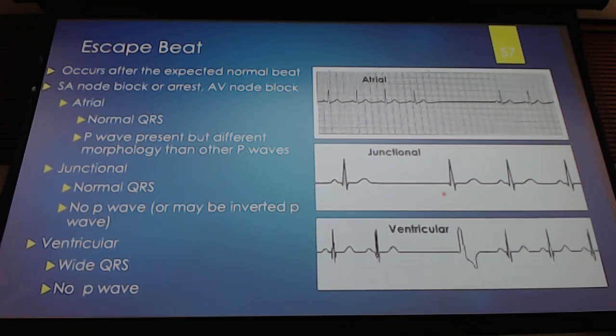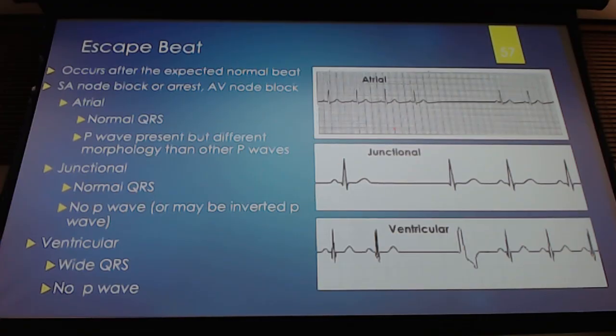The junctional area said, okay, I will take over pacemaker responsibility, and it did that for a beat, and then the SA node said, nope, it's my job, I'm going to start pacing us again. So one or two beats may happen. This one's just one. And then look, we're right back to our PQRST, PQRST. So the SA node started to fire again.